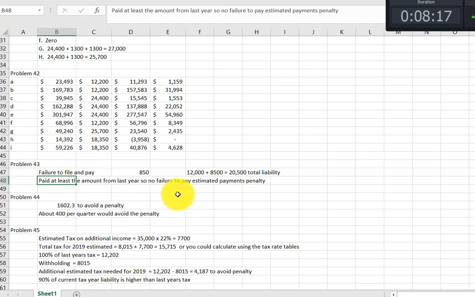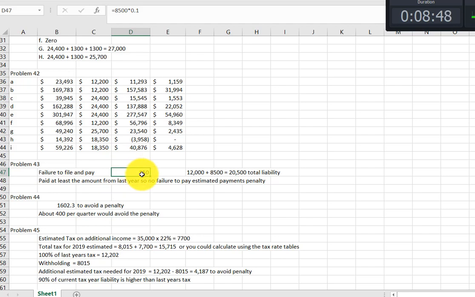So if they did pay at least what they paid the year before, they don't have any estimated tax payment penalty, but they do have the failure to file and pay. If they had filed on time and paid the $8,500, then they would have avoided this $850 penalty. And even if they would have filed an extension, then they would have only had the much lesser failure to pay penalty.